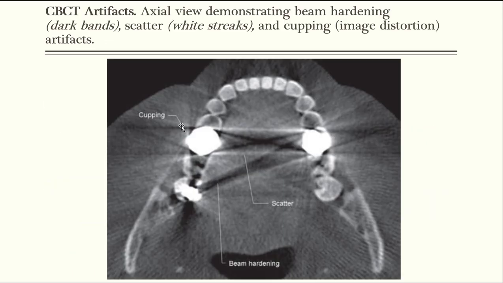So here, for example, we have a cupping defect, like a cup, a scatter, we can't see if there is anything in here, and the beam hardening. These are all problems that we can see, or artifacts that we can see with CBCT.